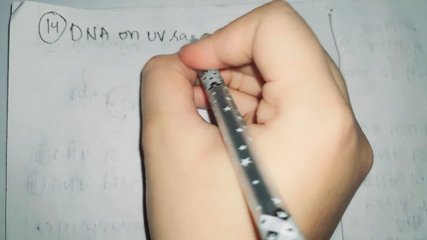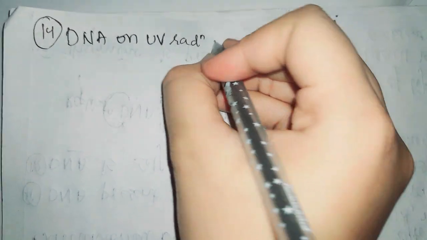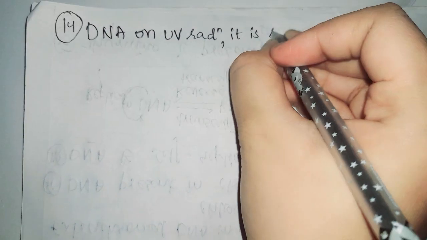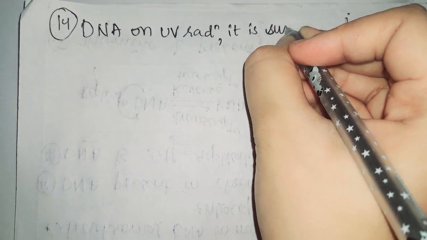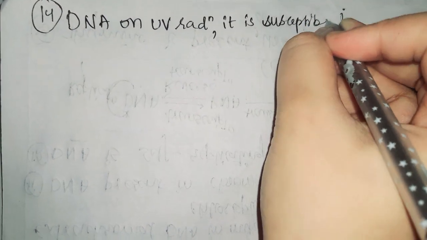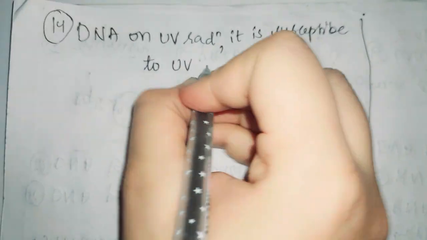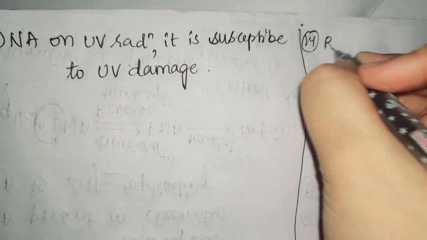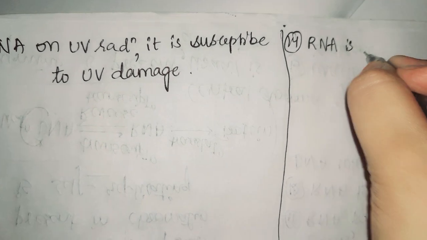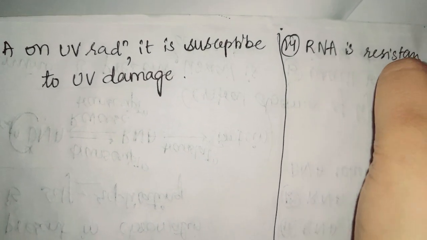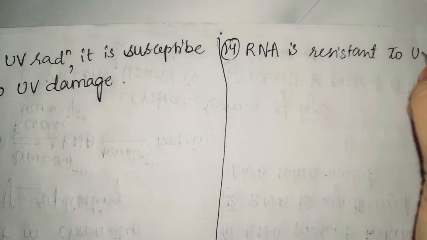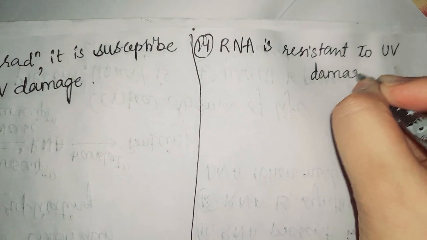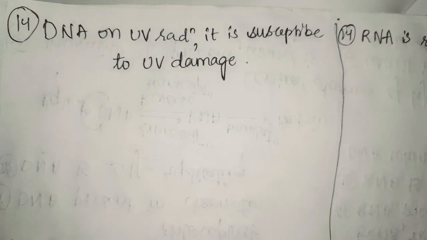DNA on UV radiation is susceptible to UV damage. Whereas RNA is resistant to UV damage.